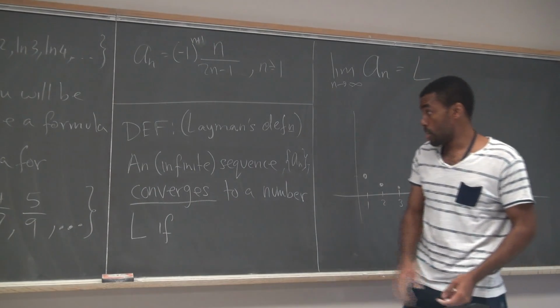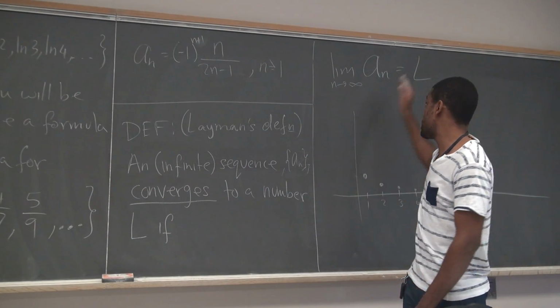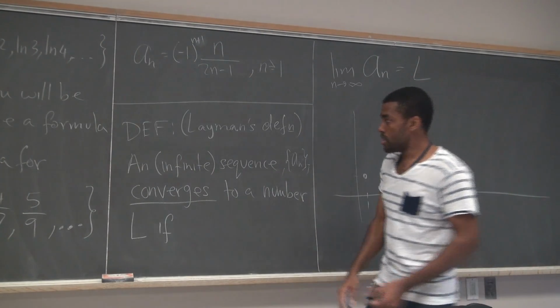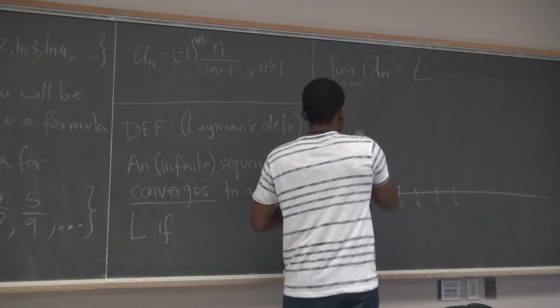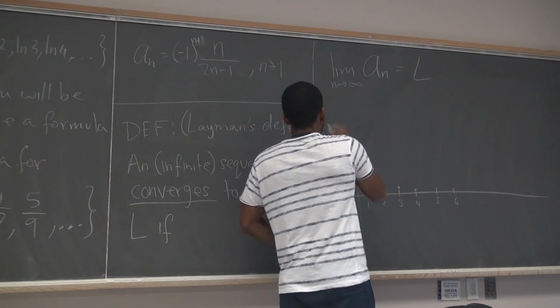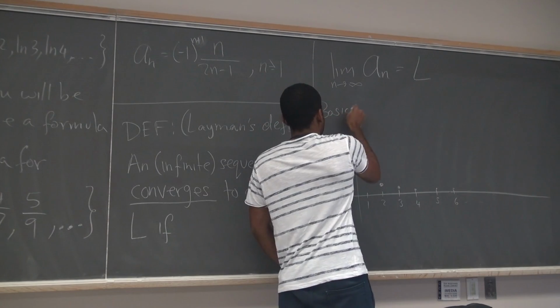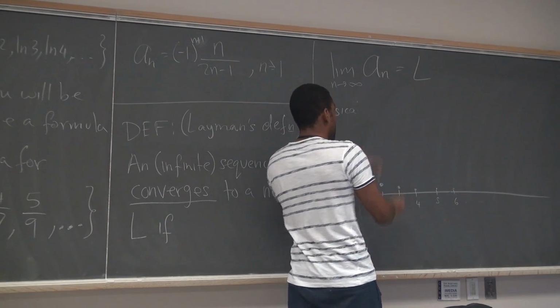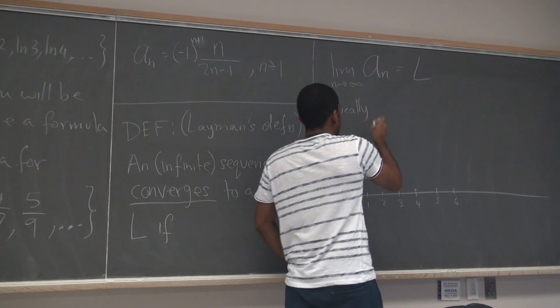So this is talking about the convergence of a sequence. All you're doing is finding the limit. Here it's L. So that's how mathematically you'd find the limit if it exists.